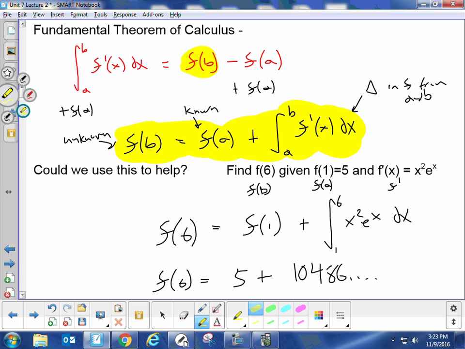Okay, super, super important, and it really does tie together the whole idea that the area under something is the change in its antiderivative. Area under f prime is the change in f. We can use the change in f to help us find unknown values of f, if I know a known value of f.